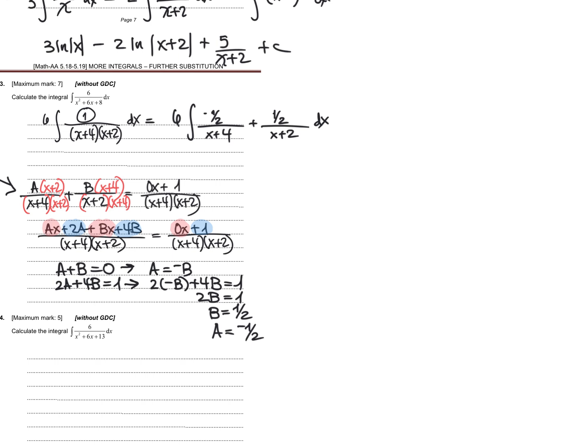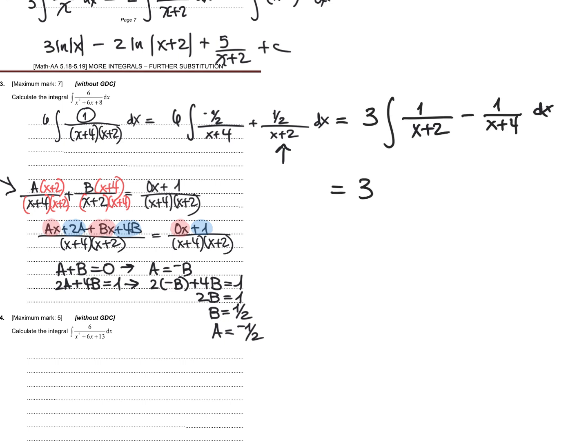So I can actually factor out a 1/2 outside the integral. So that's going to be 6 times 1/2, which is 3, times the integral. And now we're going to have, I'm going to put this one first. So we're going to have 1 over x plus 2 minus 1 over x plus 4 dx.